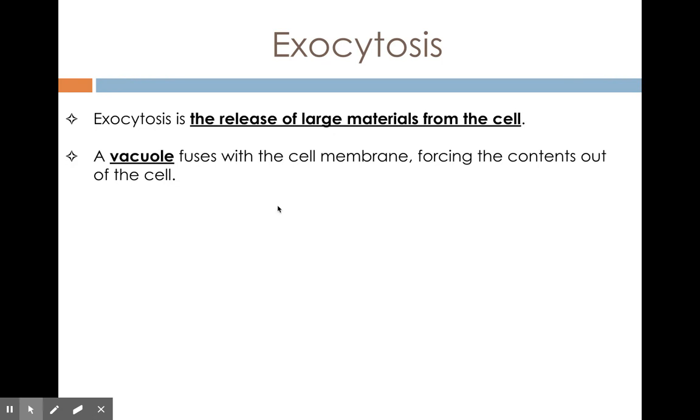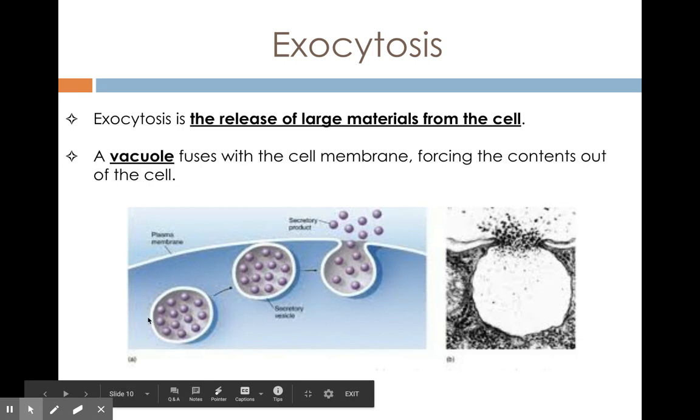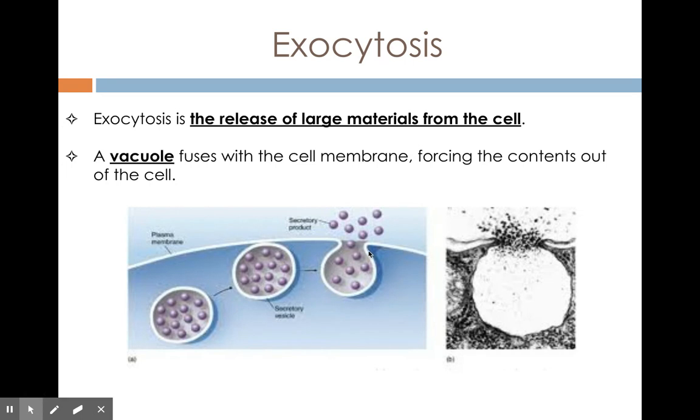That vacuole will fuse or connect with the cell membrane, forcing the contents out of the cell. So here it's the exact opposite. I have my stuff in the vacuole. It moves closer to the membrane. It fuses with the membrane, and then it expels the waste or whatever it is the cell does not need. So endo in, exo out.